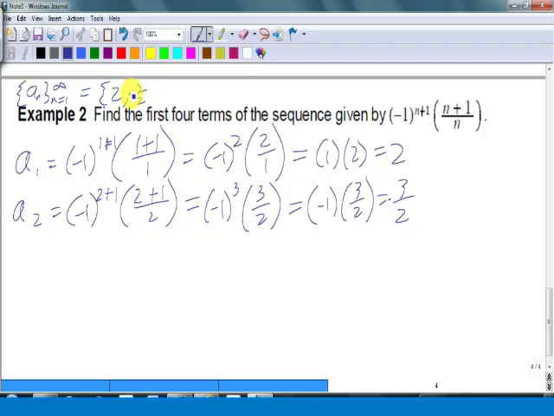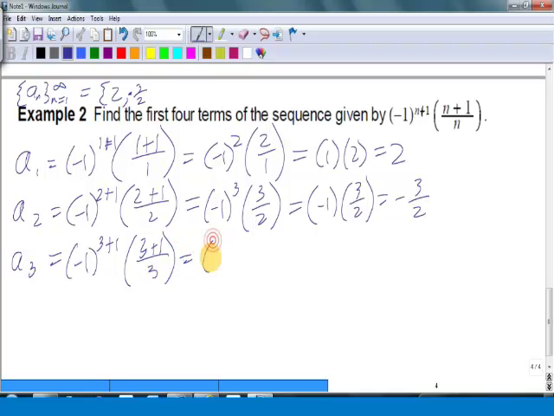That's kind of the point of this example. Don't want to leave off that negative. Negative 3 halves is the next term. A sub 3, negative 1 to the 3 plus 1 times 3 plus 1 over 3. That's negative 1 to the fourth power times 4 thirds, which is 1 times 4 thirds, which is 4 thirds.